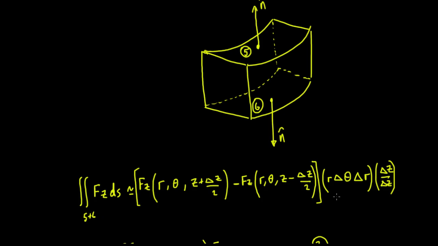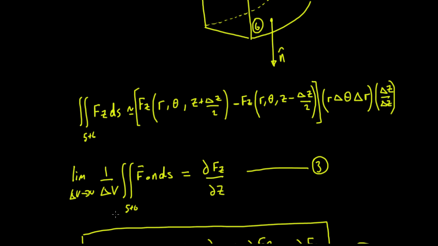So what we can do then is take this area r delta theta delta r, and multiply it by, this time, delta z upon delta z. Doesn't change the value of the function, but we'll notice the top line now is given as the volume of the small element. So we can look at the divergence at a point by taking the limit as the volume tends to 0 of 1 upon delta v.